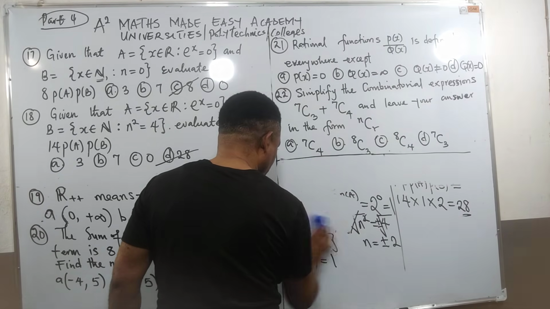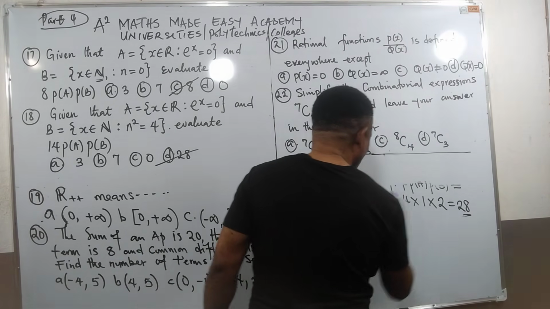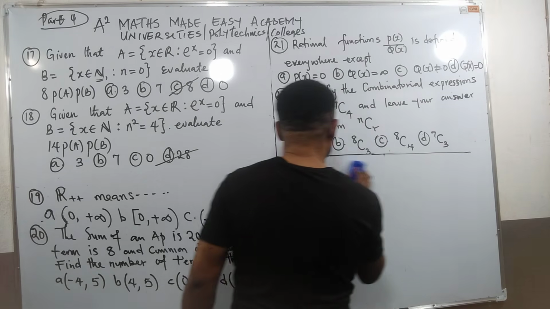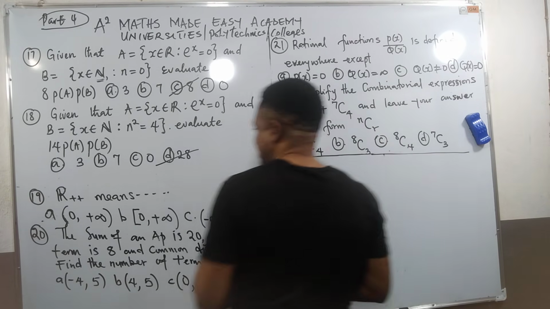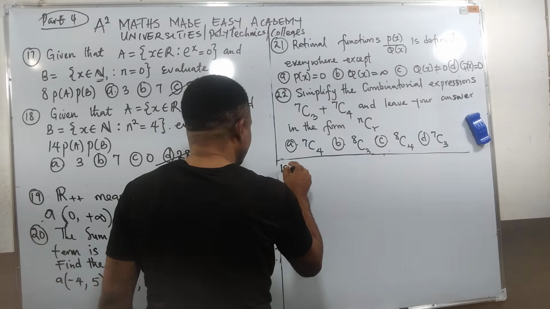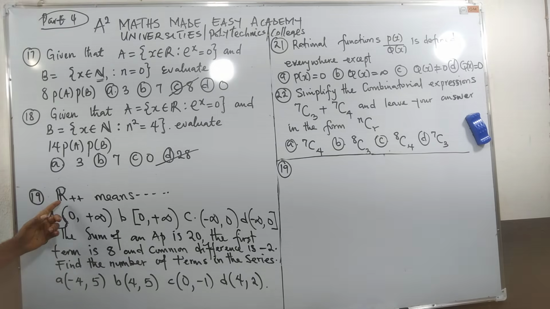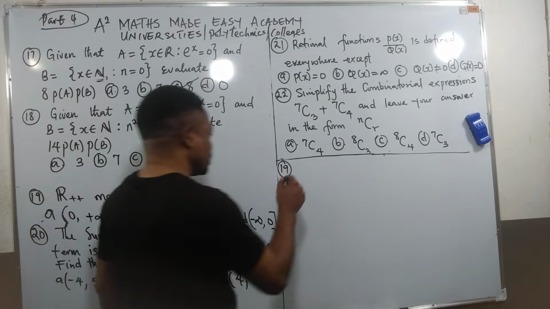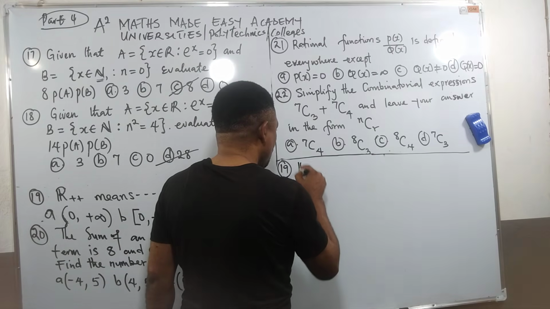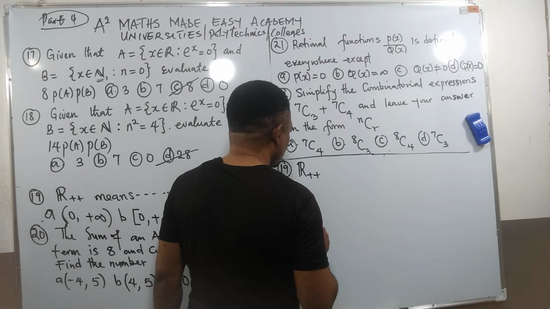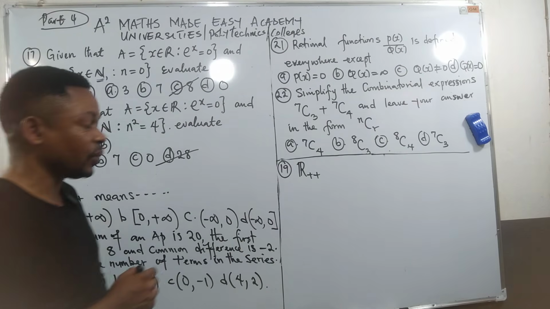Now after that, we now go to question number 19. Question number 19. Now I want you to watch. This is 19. Now 19 is a different thing entirely. This thing is a real number plus plus. What does it stand for? Now I want you to note this, that this is what we call one of the theoretical or analytical aspects of inequality.